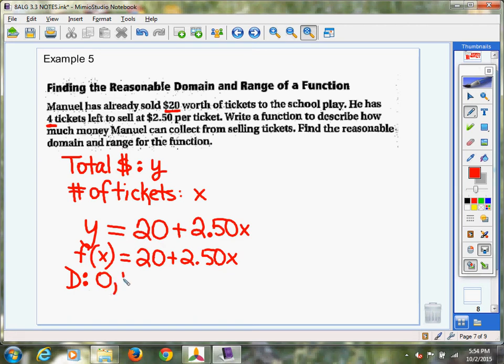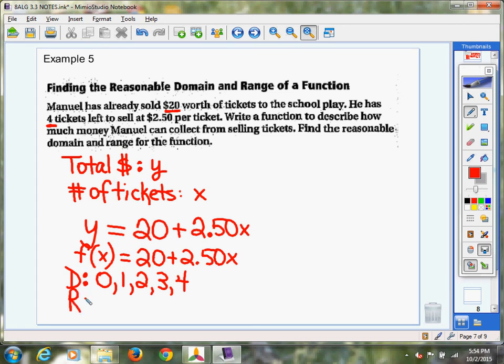He could sell 1 of them, 2, 3, or all 4 of them. That's your reasonable domain. You're not going to have negative numbers. And you're not going to have any numbers over 4 because he only has exactly 4 tickets. And that's what he could potentially sell as far as numbers of tickets.